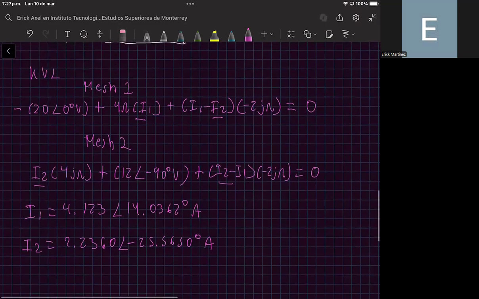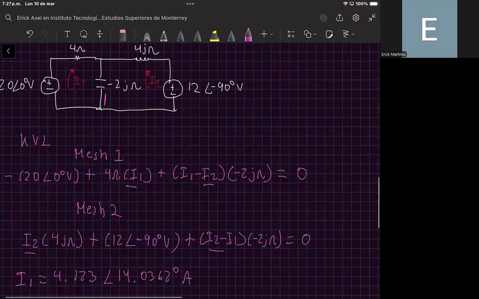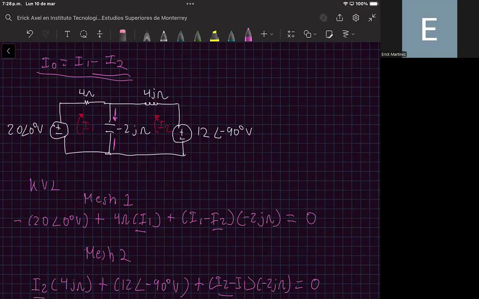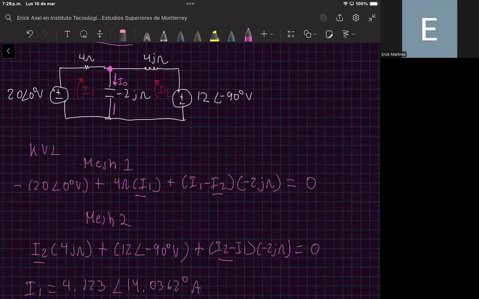Now, what else can we do? If you analyze very closely, you will also notice that at the beginning of the problem, we needed to compute the current I sub 0, okay? We can compute the current I0 as follows. If you analyze this node, the current I1 is entering that node.